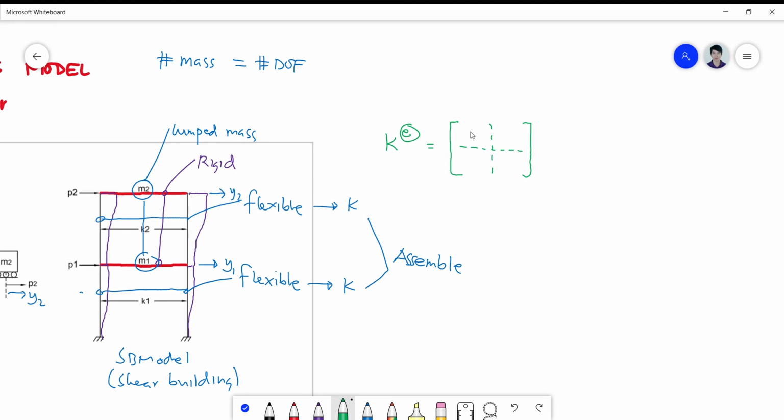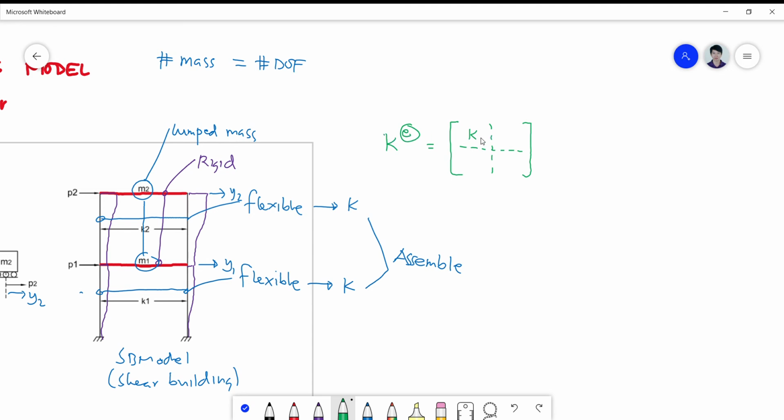But of course, it's not AE over L, but it's a positive K1 of the element, or simply K. This is a matrix K of the element.